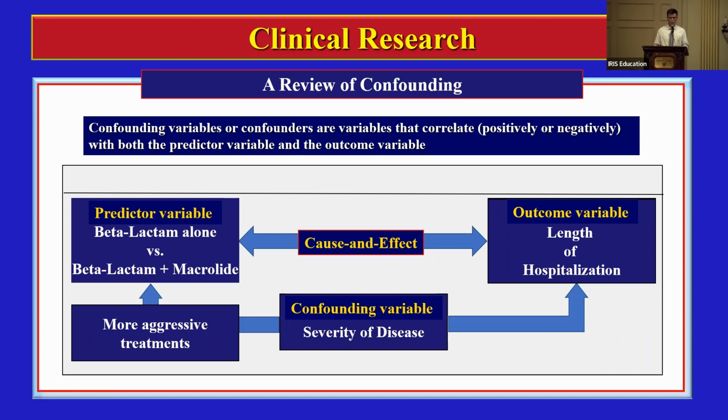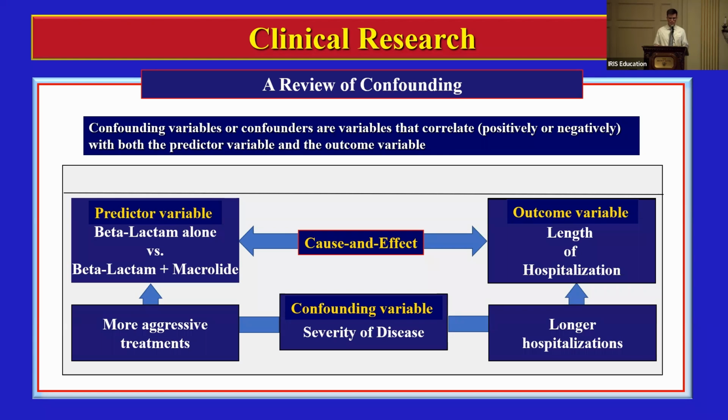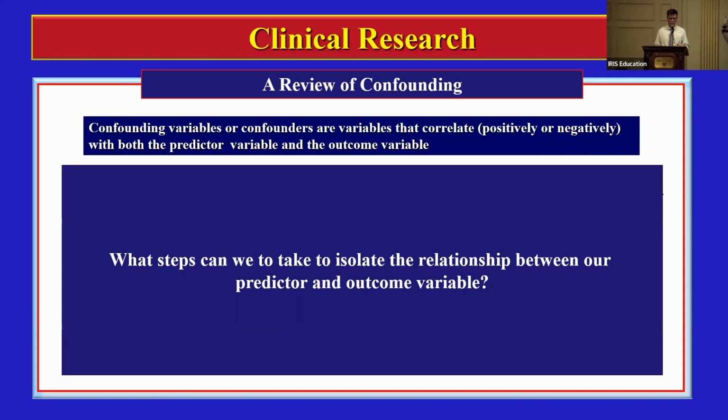And then also, these more severe patients, we can expect them to be hospitalized for longer. So now, because of this confounding effect, understanding this relationship is a lot more difficult.